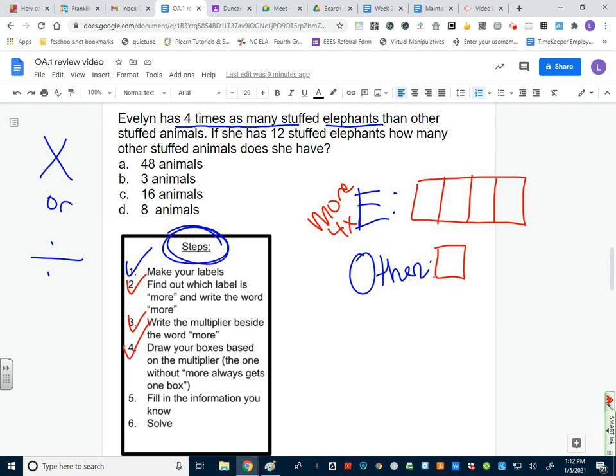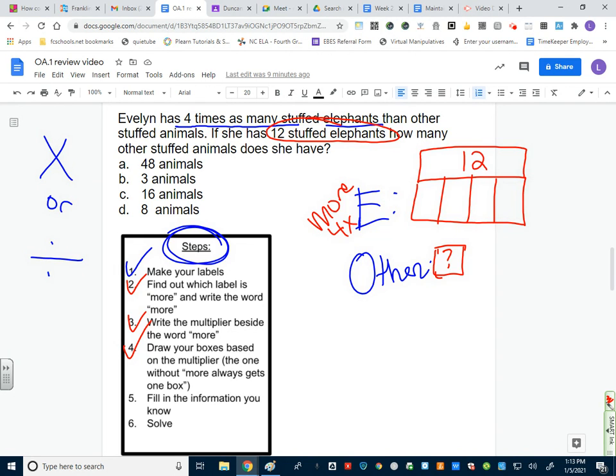So now to fill in the information I know, well, I know she has 12 stuffed elephants. So I'm not going to put a 12 here. That doesn't make sense. It doesn't say she has 12 other stuffed animals. No, that's what we're trying to figure out. That's what we do not know. We don't know the number in each group, but we know that the elephants total 12.